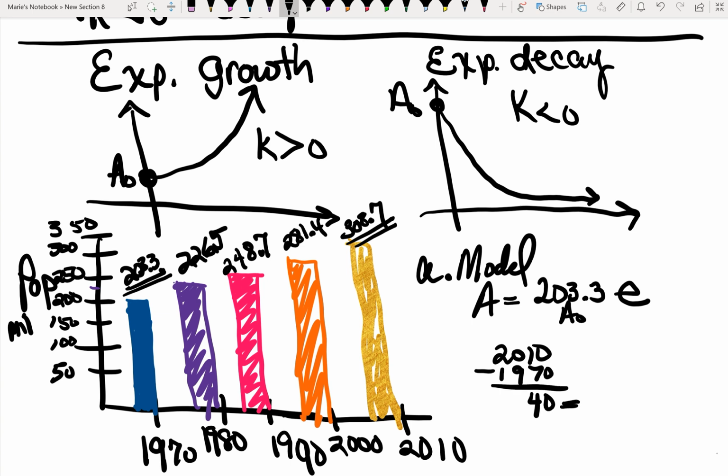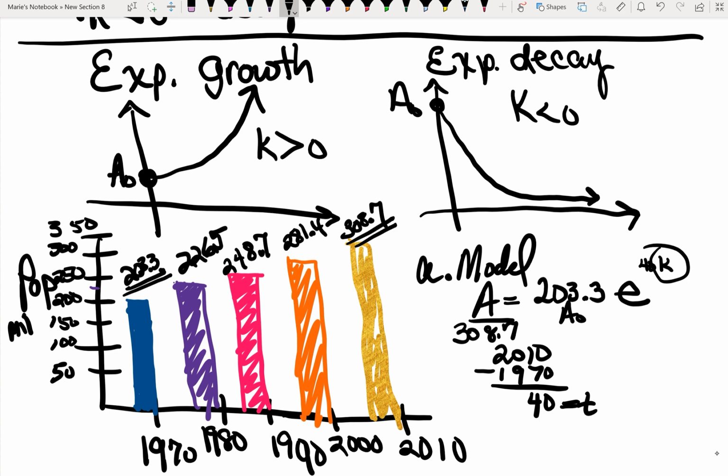So we know that that's t. And then in this case, we also need to find k, so this will be 40k. We then substitute in the values knowing that we're going to end up at 308.7, because technically this value is already known. It is 308.7, which will help us find k, which is what we want to find.